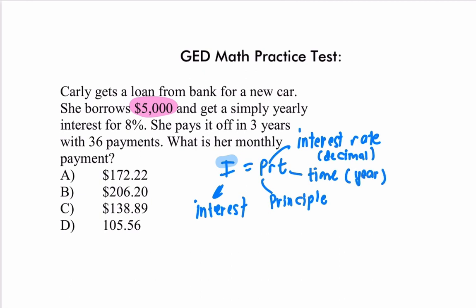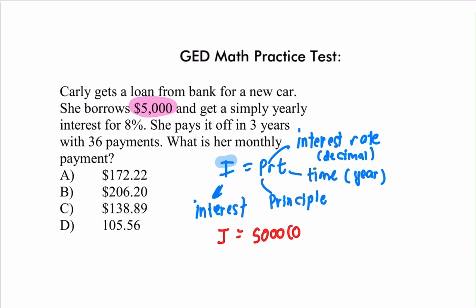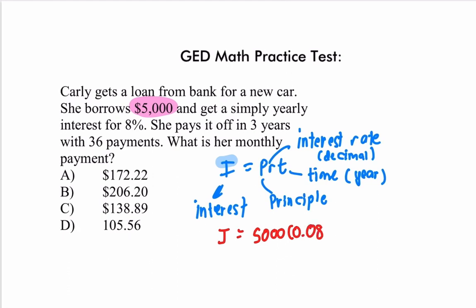So I equals 5,000 times 0.08 times 3 years, because the unit of time is in years. So the answer is $1,200. This is the interest.